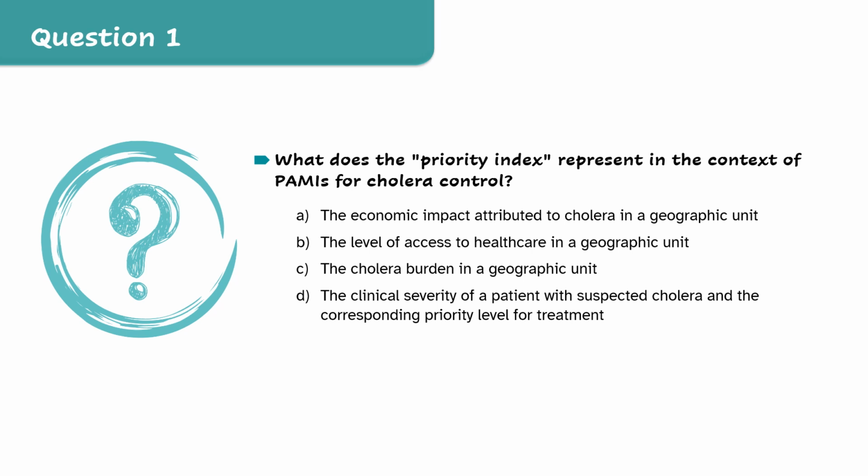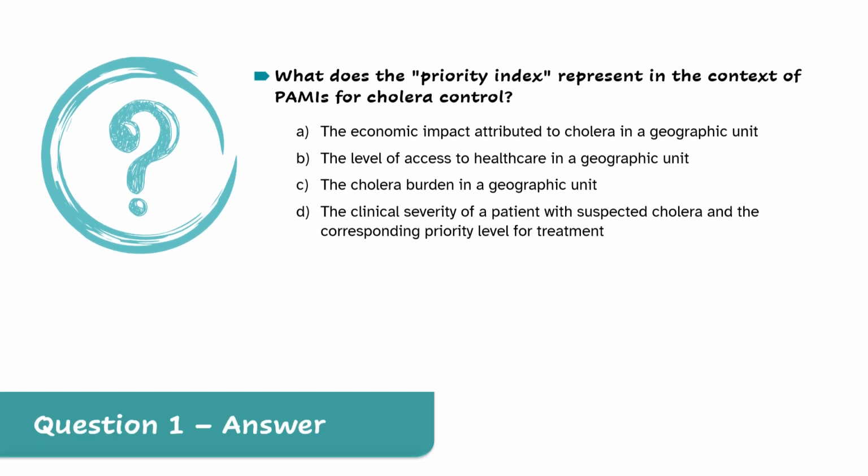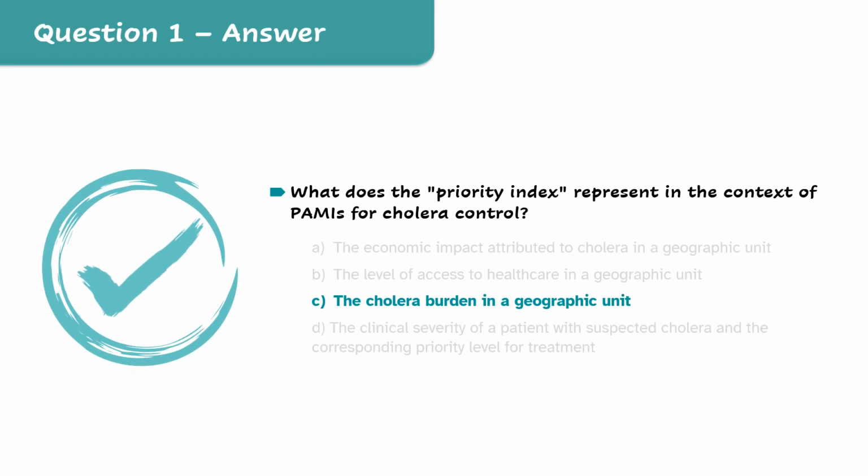D. The clinical severity of a patient with suspected cholera and the corresponding priority level for treatment. The correct answer is C. The priority index captures the cholera burden in a geographic unit.